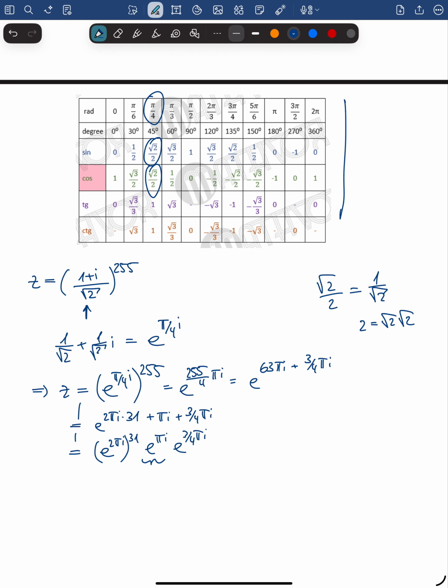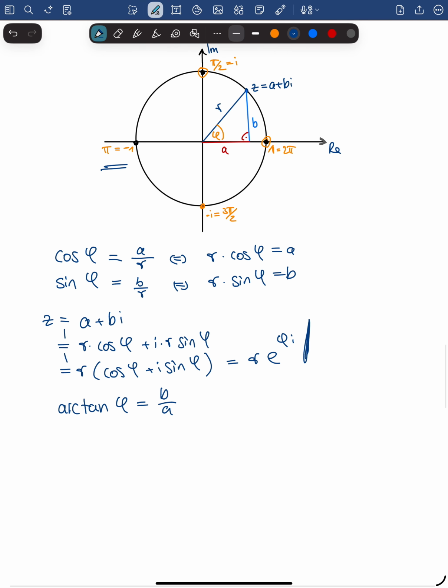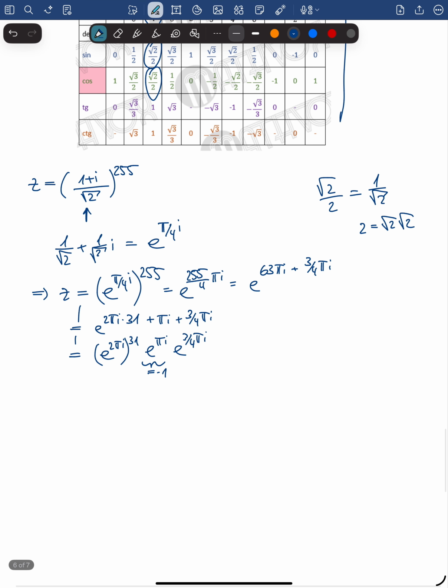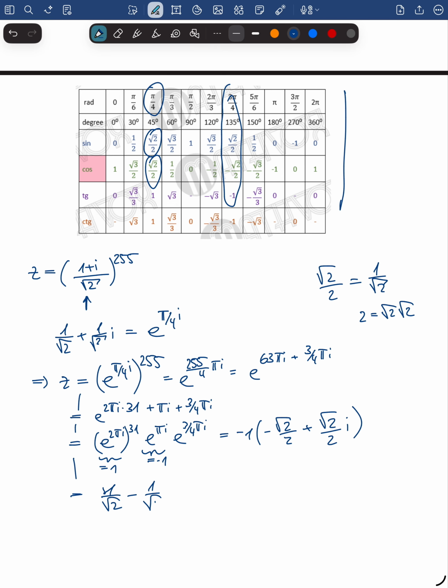We know e to the pi i is equal to -1, as we can see here. And e to the 2 pi i times 31 is equal to 1. So what we have here is -1 times the 3/4 of this. Here we get for the cosine and sine, write it as follows, and this is equal to i.